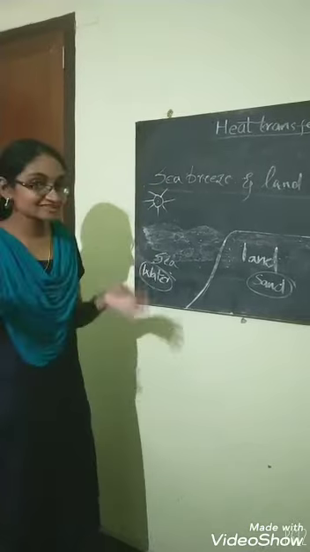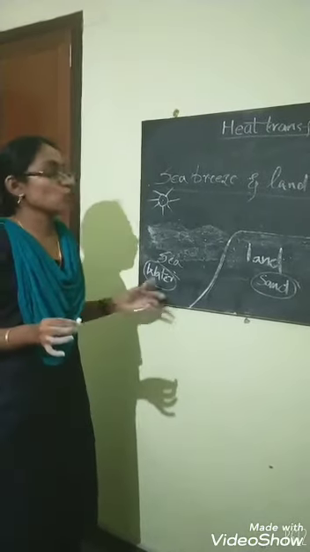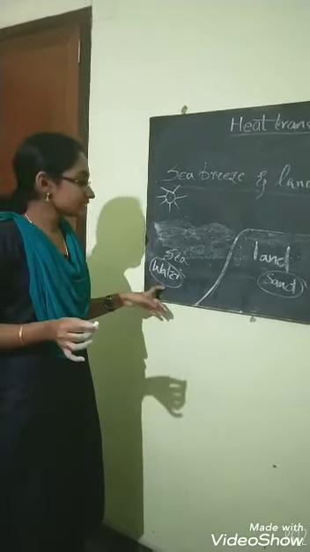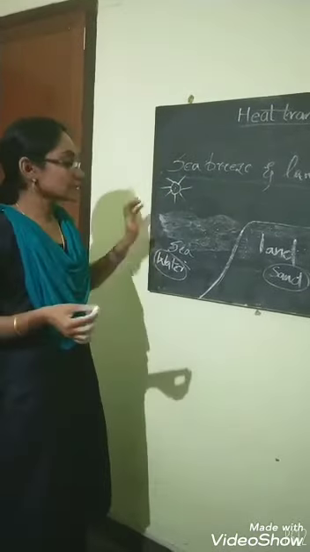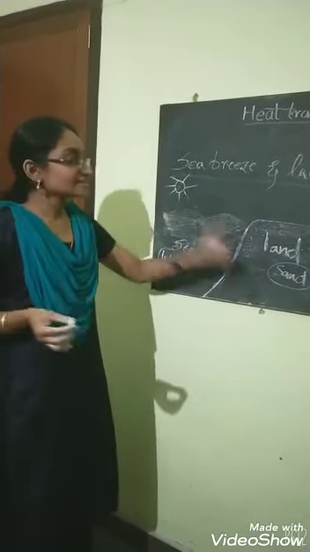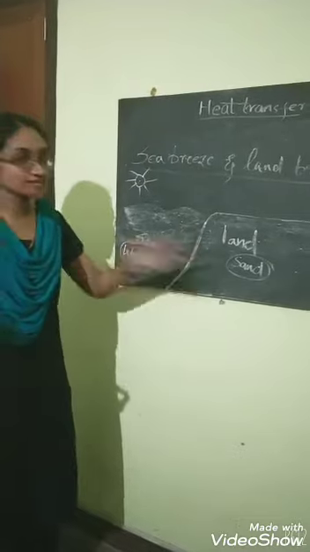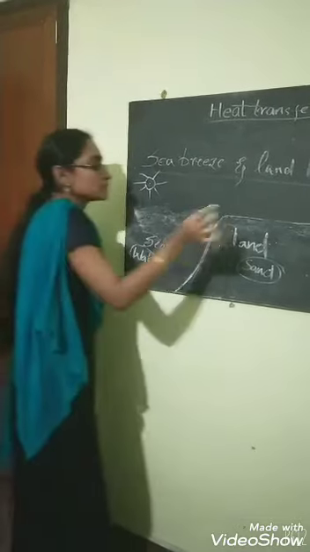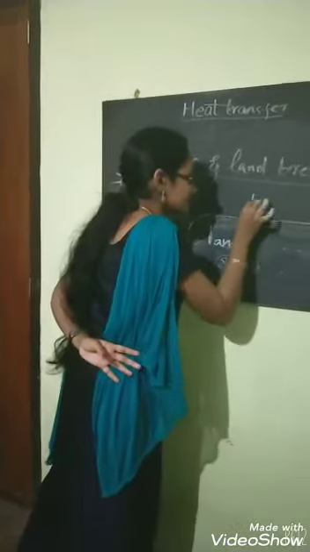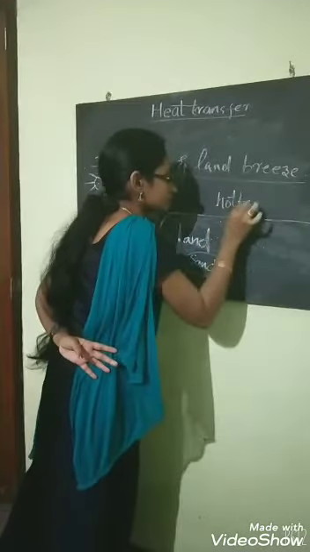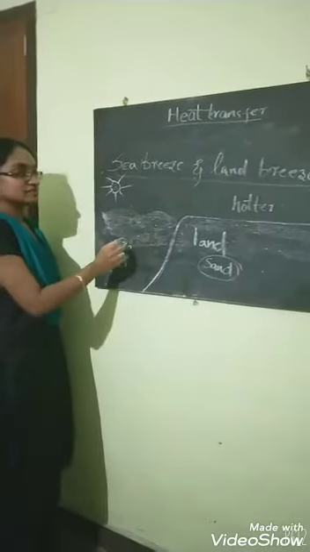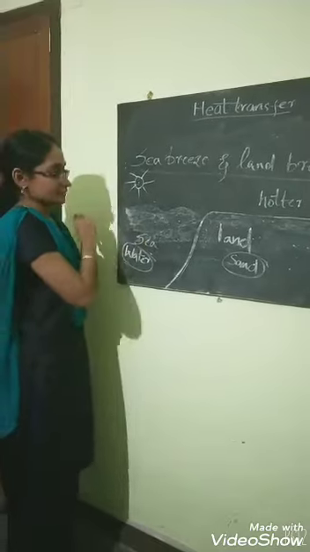According to the specific heat capacity of water, water takes too much time to get heated and the land gets heated faster. So the land is hotter than the sea or this water.